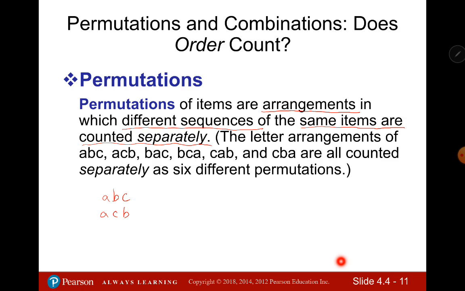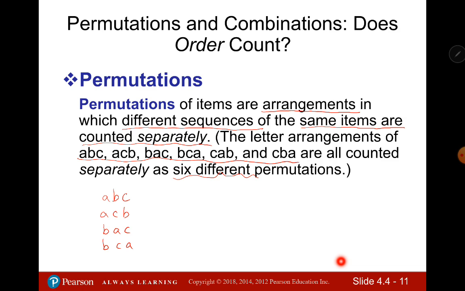Still A, B, C, 3 items, but in a different order. Of course, I can put them as B, A, C, or B, C, A, and so on. We list all 6 of them here. They can be treated as 6 different permutations. They are not the same one.